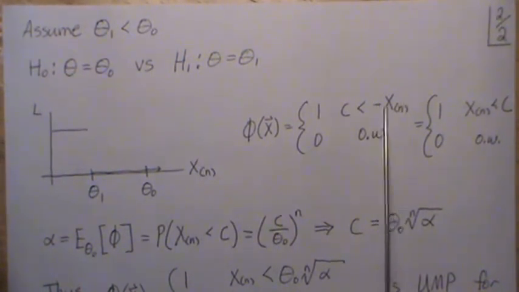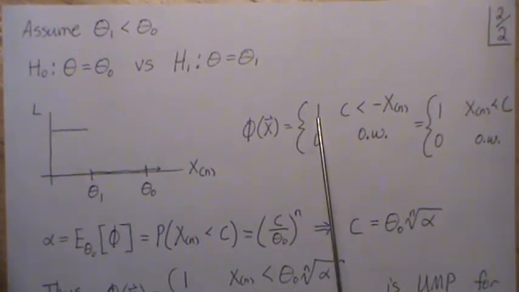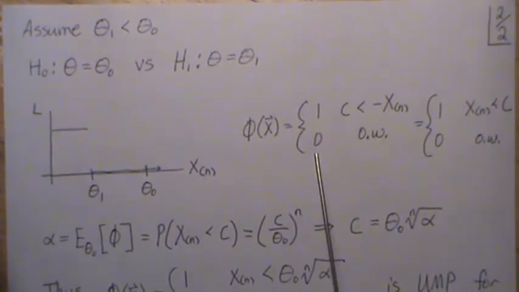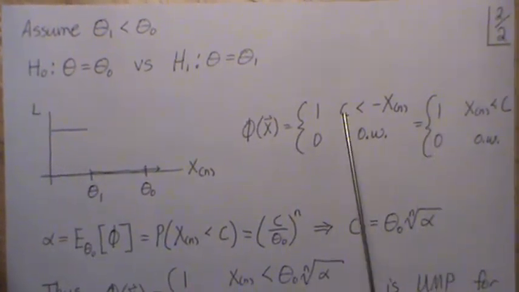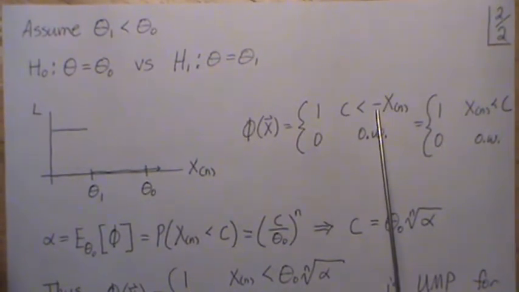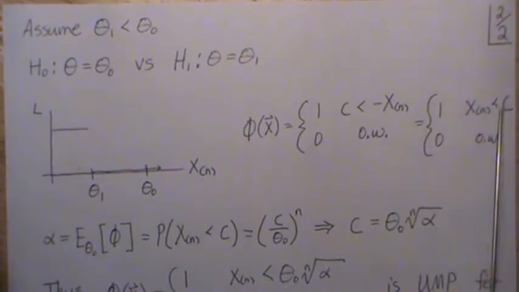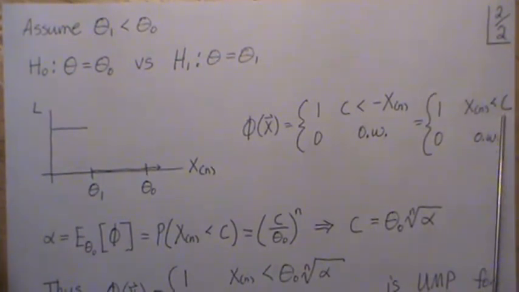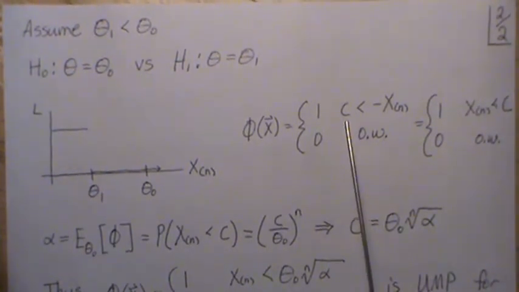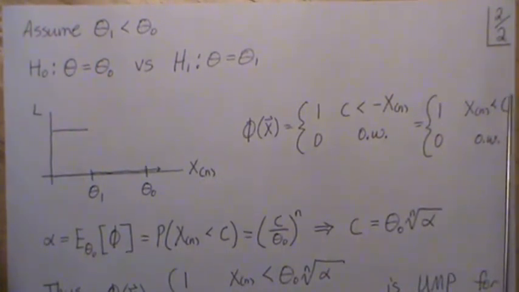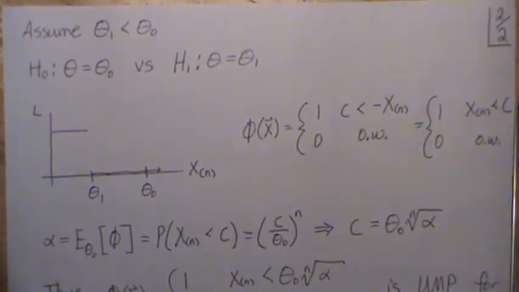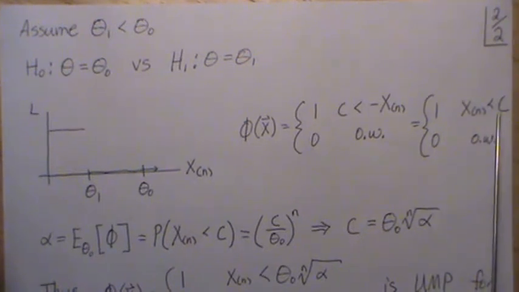And then we can say when this value is greater than some constant, we reject, otherwise we don't. Now, this is equivalent: if we multiply the -1 over, we get this, and then we have to switch signs. So xn is less than some constant, and this constant is technically not the same constant, so I should have put a tick, but I didn't, and this is the new C.